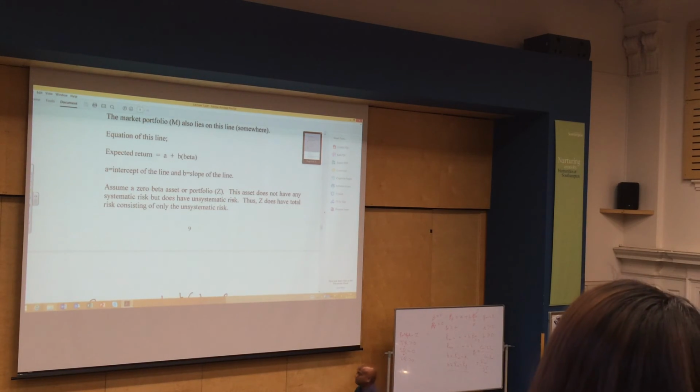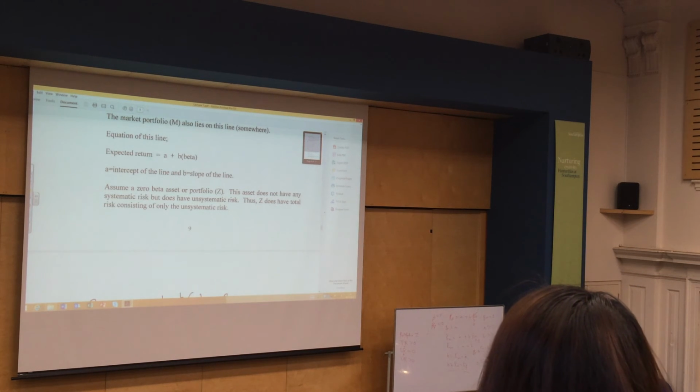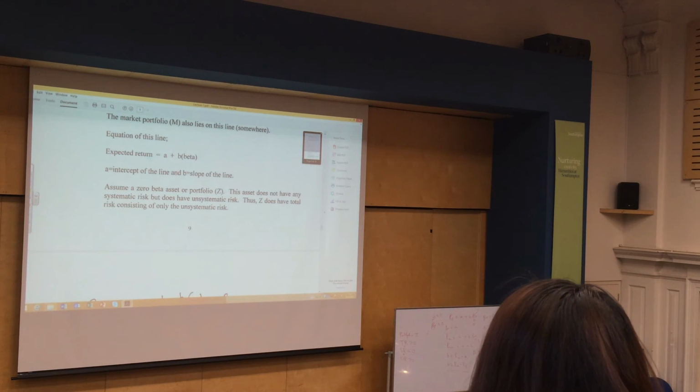Assume an asset that has 0 beta. It's not risk-free, like Rf. It has risk. Total risk is risk. It's a diversifiable risk, but it's still risk. You said assume that, and on Wednesday we'll talk about whether this exists or not.